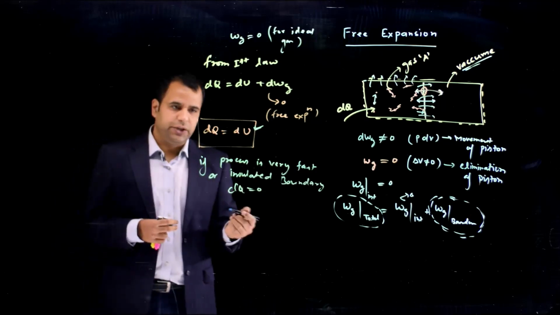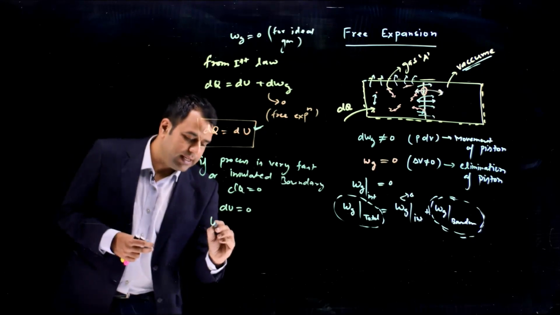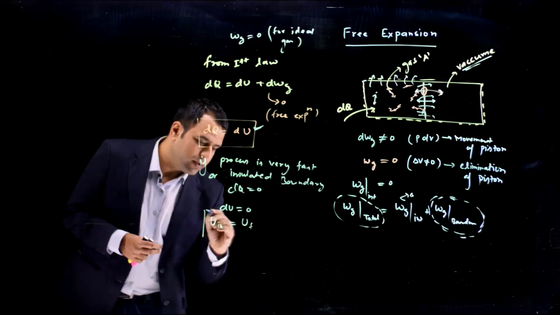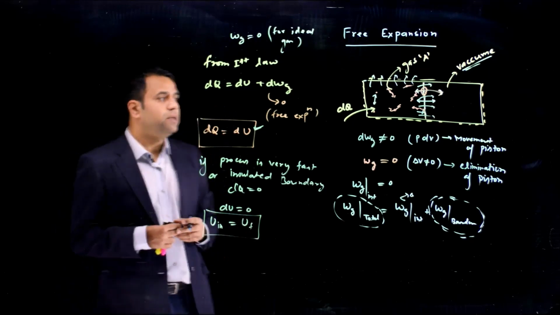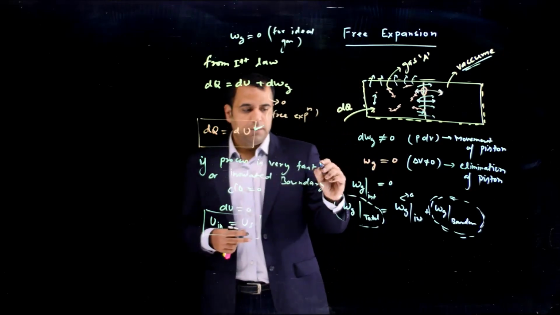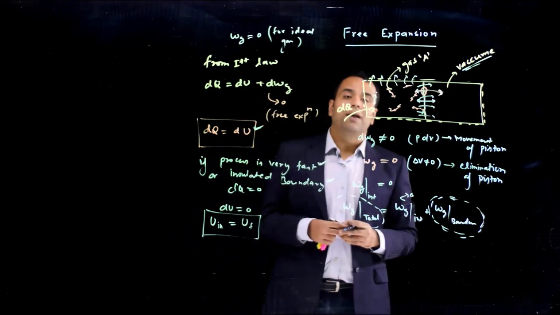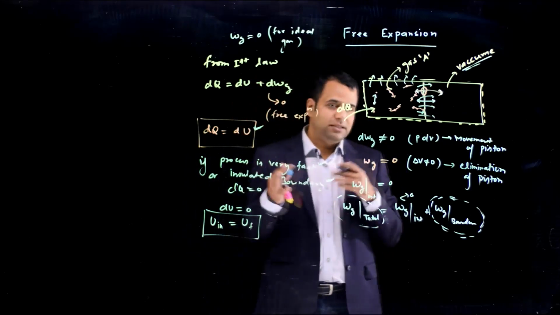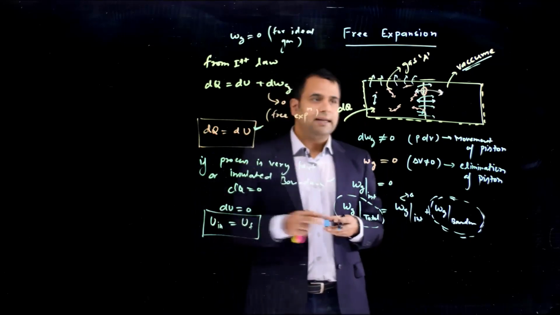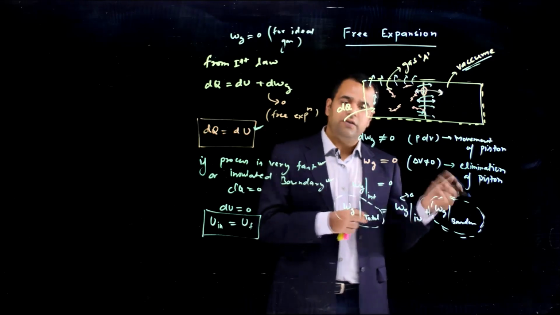And if dq is 0, du is also 0. So we can say U initial will be equal to U final. The initial internal energy and the final internal energy of the system will be the same, but only when either the process is very fast or the boundary is insulated, meaning the examiner is telling you that dq is 0. In that case, whatever the internal energy was initially will be the same internal energy finally.